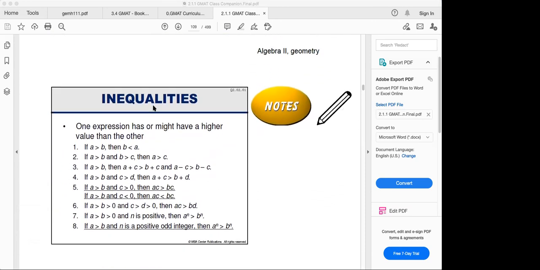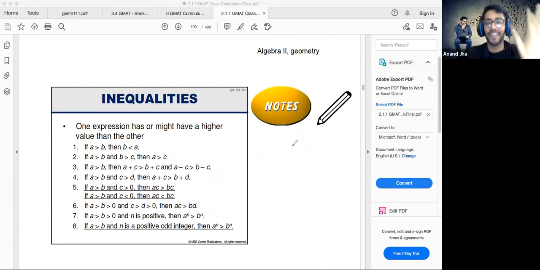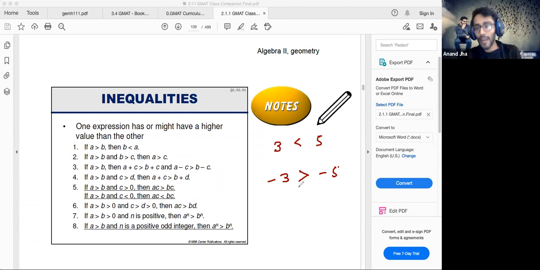Inequality, I love explaining this way. No need to remember any rule at all. Just take any number. Say for example, 3 is less than 5. Everyone knows. What will happen to minus 3 then? Of course, minus 3 is more than minus 5. So, in inequality, whenever you are multiplying or dividing by a negative number, the inequality sign reverses.